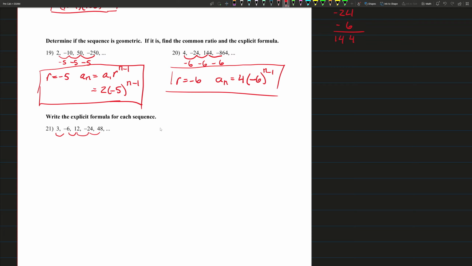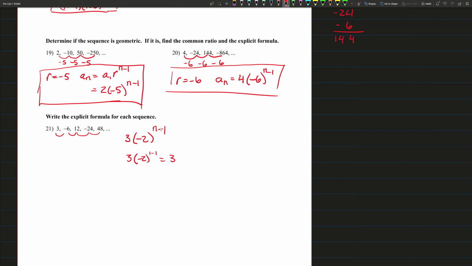So this looks geometric to me, where our first term is 3, our common ratio is -2, and then this is going to be to the power of n minus 1. So we should be able to check this. If we plug in 1, we should get 3. And that's true.